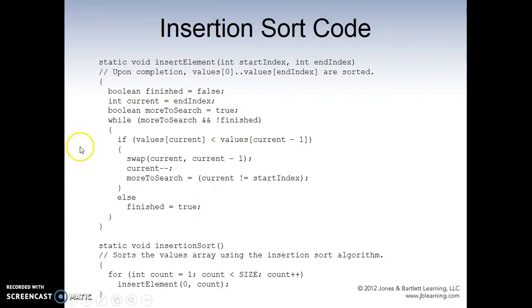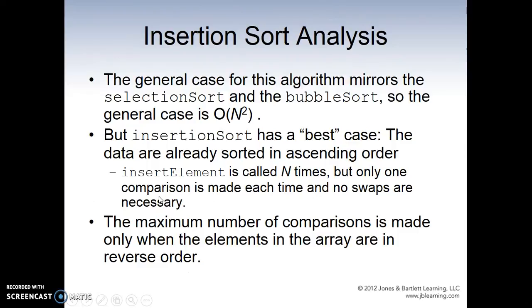We no longer have to continue, because more to search is false already, so we exit the loop. So that makes insertion sort's best case better than selection sort and bubble sort, because selection sort and bubble sort, like I said, do redundant work. They keep swapping even with itself. So insertion sort is better.